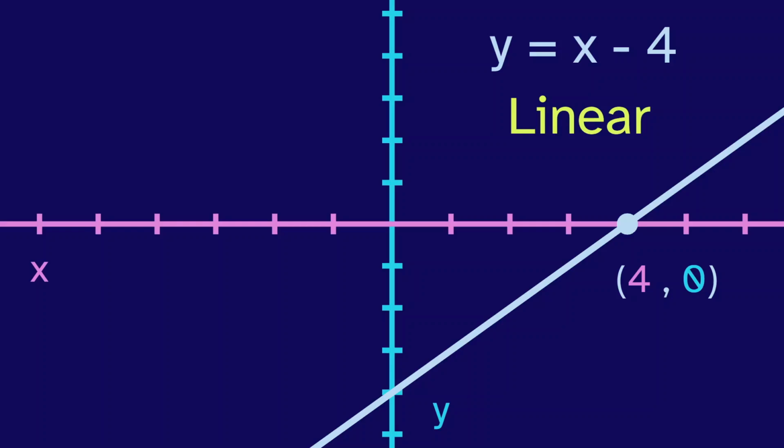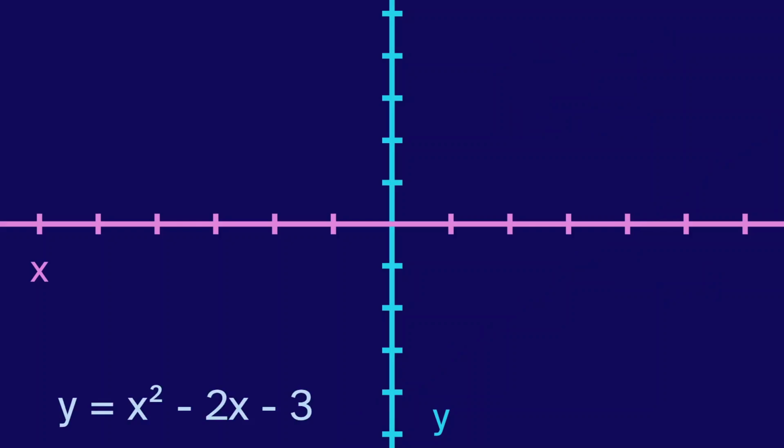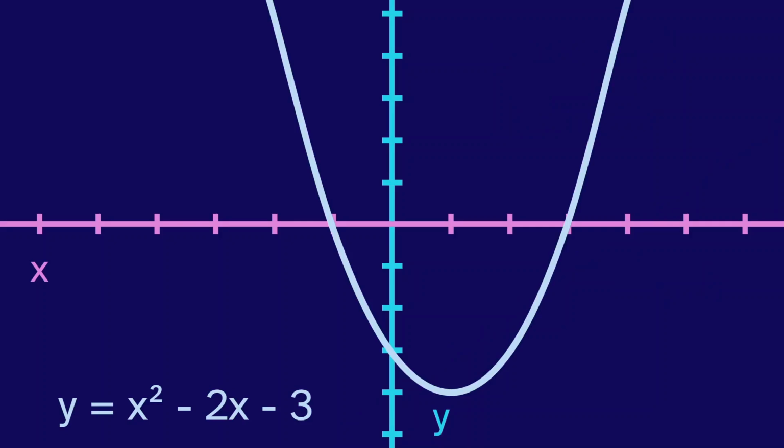If we have an equation with a higher power, such as x squared minus 2x minus 3, it's no longer linear. We get a curve. And here we see there are two roots, -1 and 3.